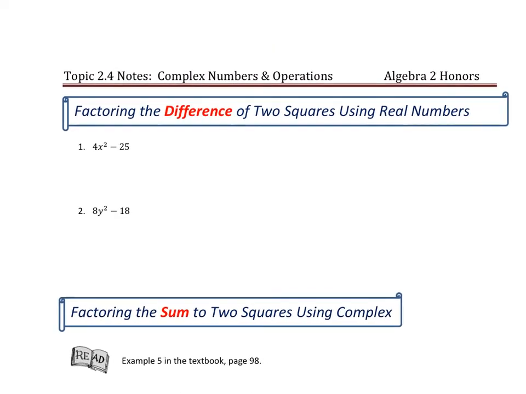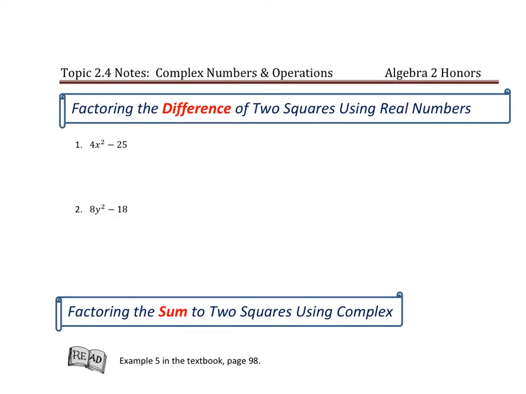First, let's take a look at factoring the difference of two squares. So notice that 4x squared is a perfect square and 25 is a perfect square. We can factor that into the product of two binomials in the following way.